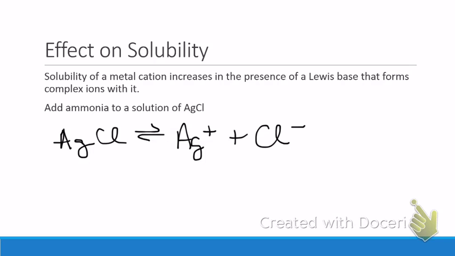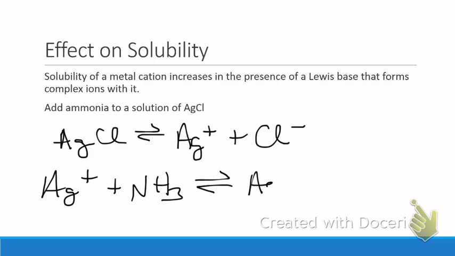What happens if we add ammonia to this? We know that that very small amount of silver ion is going to want to bond with the ammonia to form a complex ion, which is silver with 2 ammonia molecules bonded to it.